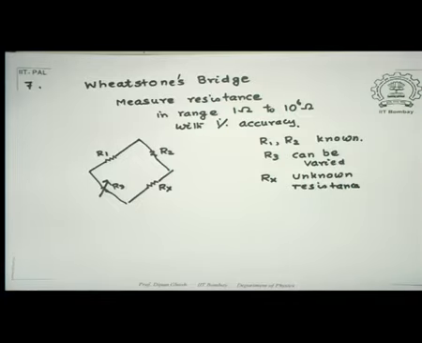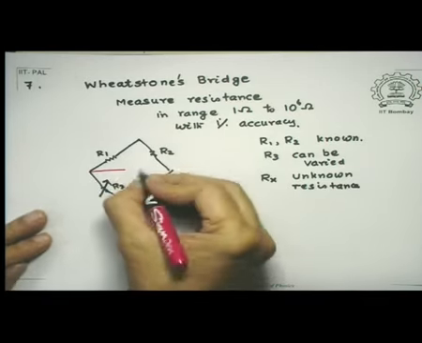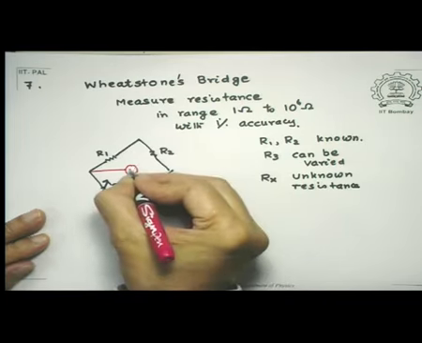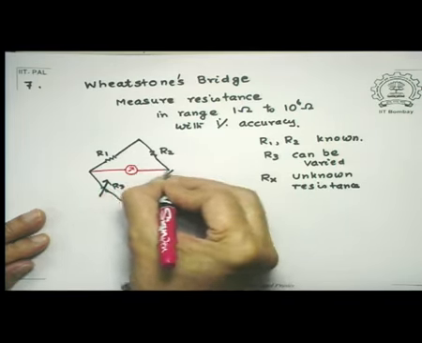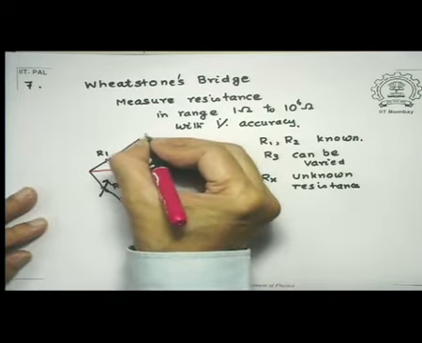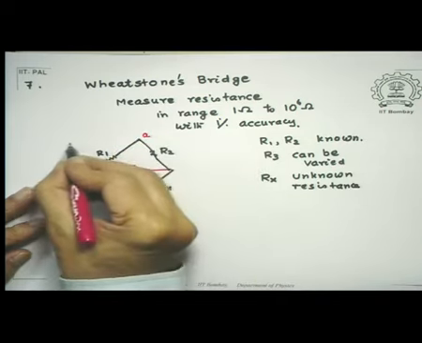Now the arrangement is like this. The circuit is made such that there is an ammeter or a galvanometer in the circuit, and across these points, which I will call A and B, I connect a battery.